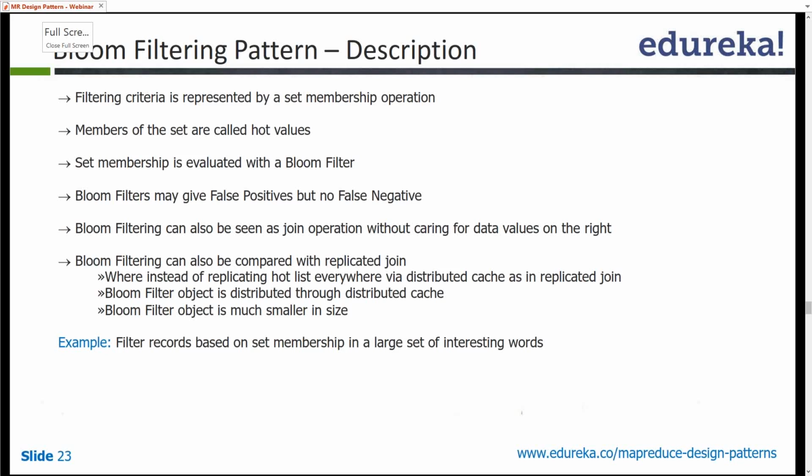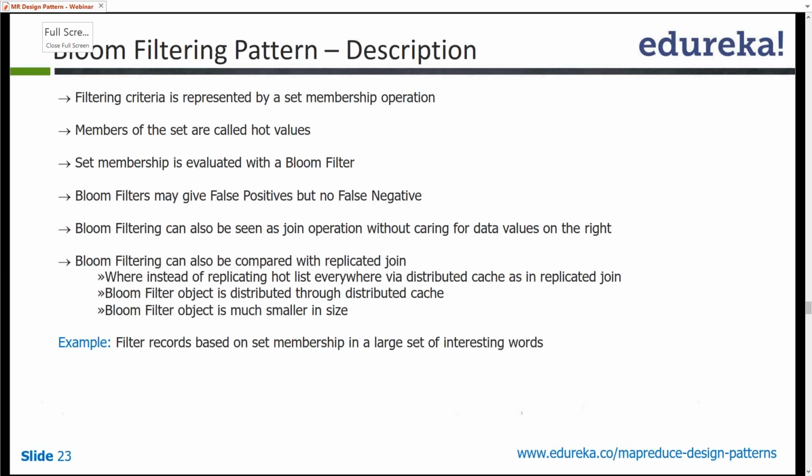Because you could use anything for that, right? You could use a set, 50,000 records go into that set, and you just compare in that set. Why Bloom filter? The good thing about Bloom filter is it takes much less space than a normal set of records that you would keep.